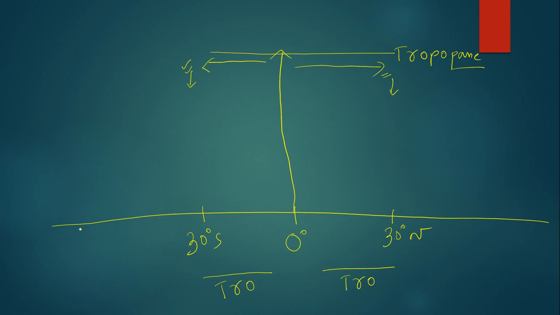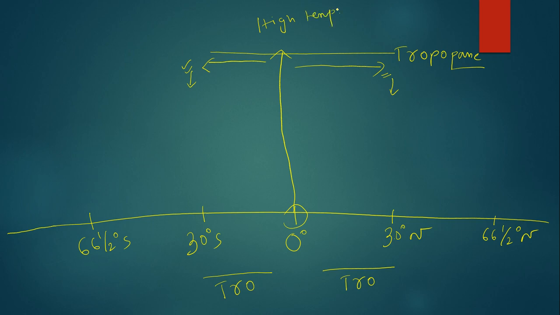However, I want to extend my lecture from this part as well. After 30-degree north and 30-degree south, there is another zone at 66 and a half degree south and 66 and a half degree north. From the equator, why is the air moving upward? Because of the high temperature.